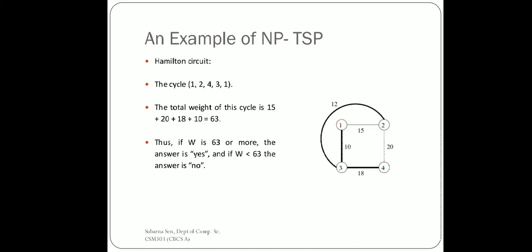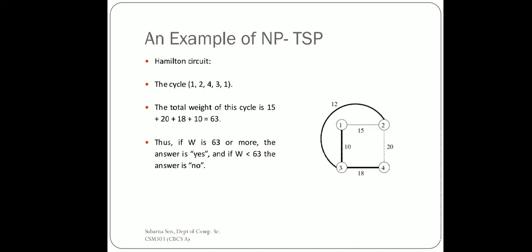If the Hamiltonian circuit is possible for weight 63 or more, we can draw this with 63 or more, right? We can complete the cycle, but if we go lesser than 63, it is not possible to draw the Hamiltonian circuit.